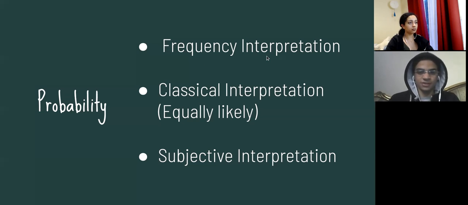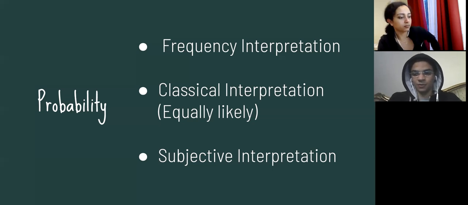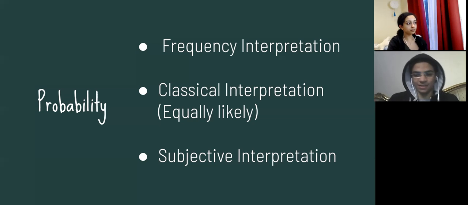Of course, this interpretation has a few problems because, for example, it does not specify how many iterations exactly you need to do, or what should count as a huge number of iterations. For example, if you toss a coin 1,000 times, you do not really expect to get exactly 500 heads and exactly 500 tails, even if you do this 10,000 times. So the frequency interpretation has two major problems.